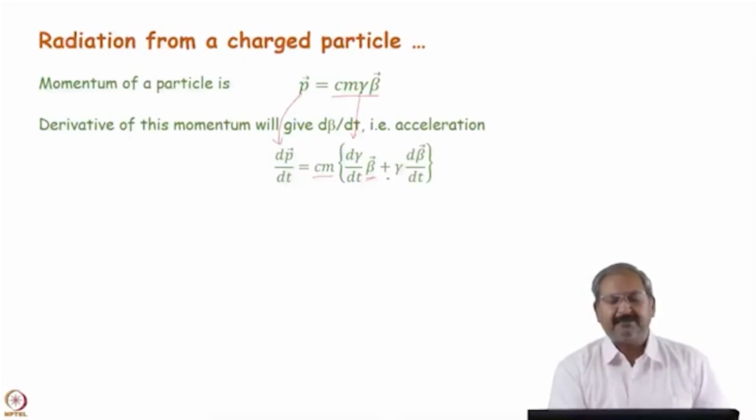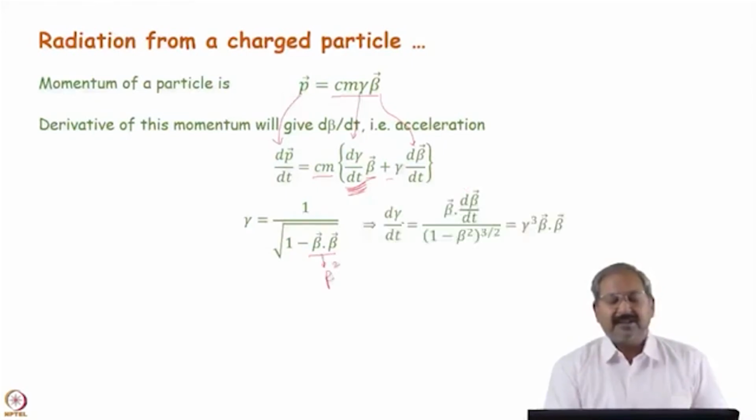So beta plus, now beta will be differentiated, so gamma d beta by dt. Now this d gamma by dt again can be put in the form of beta. We know that gamma is equal to 1 over the square root of 1 minus beta dot beta. This beta dot beta, again in vector form, gives you beta square.